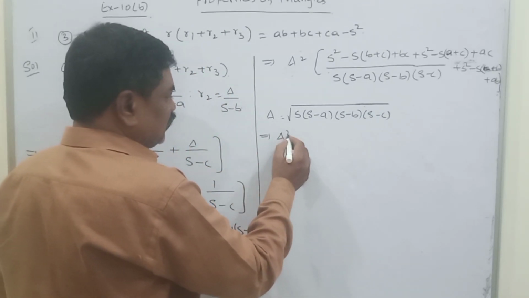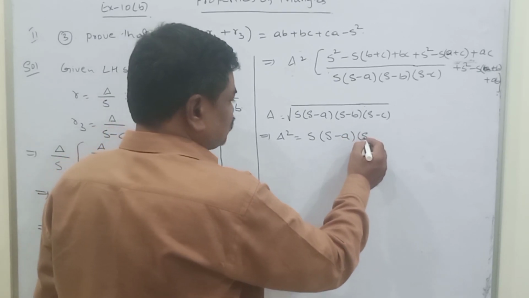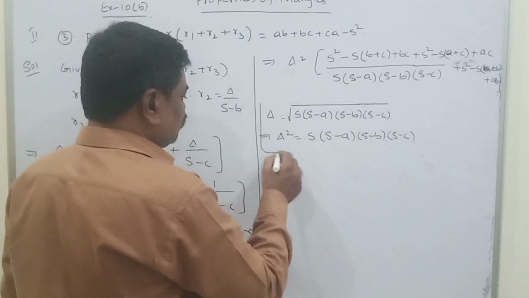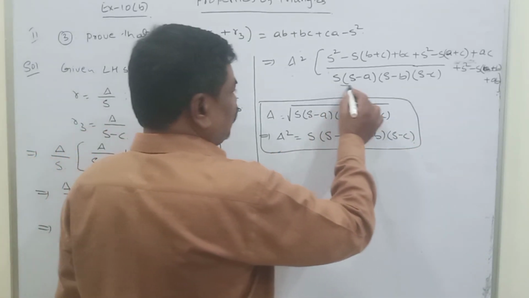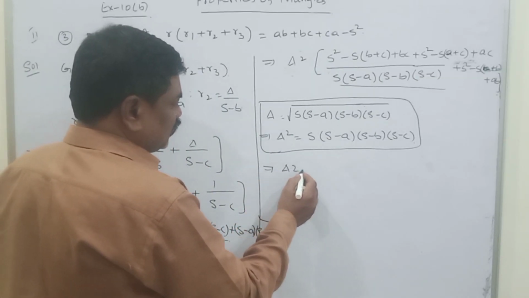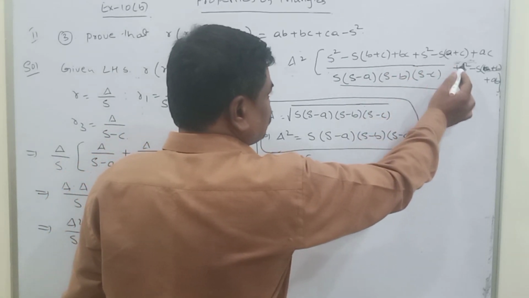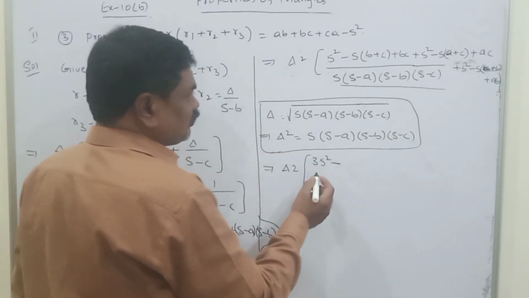From this, delta square is equal to S into S minus A, S minus B, S minus C. Then delta square is equal to this one. So delta square of S square plus S square plus S square, 3S square.